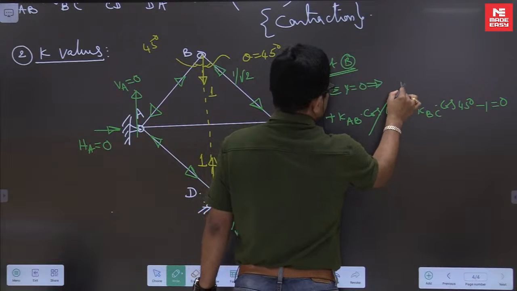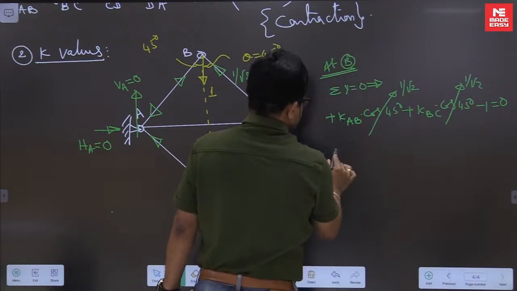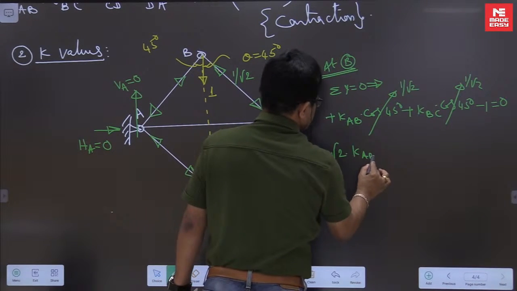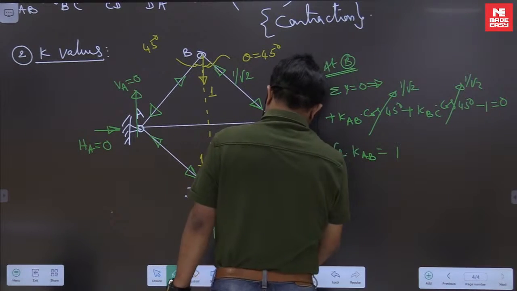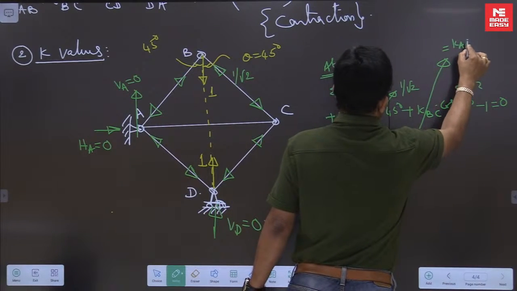Cos 45 is 1 by root 2, this is 1 by root 2. That means 2 by root 2 times KAB is equal to 1, because KBC is also nothing but KAB.